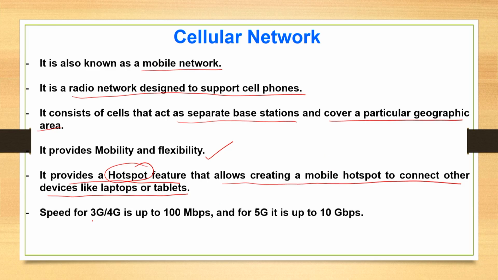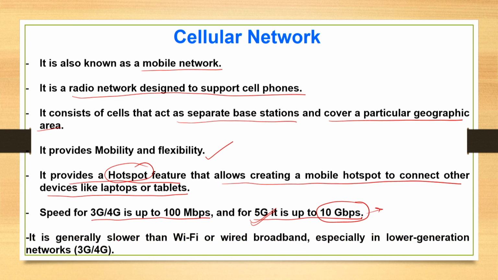The speed of 3G and 4G is up to 100 Mbps, and for 5G it is up to 10 Gbps. So you can see that the speed is increased so much in the case of 5G. It means the data rate will be high in the case of 5G. It is generally slower than Wi-Fi or wired broadband, especially in lower generation networks, that is 3G or 4G.